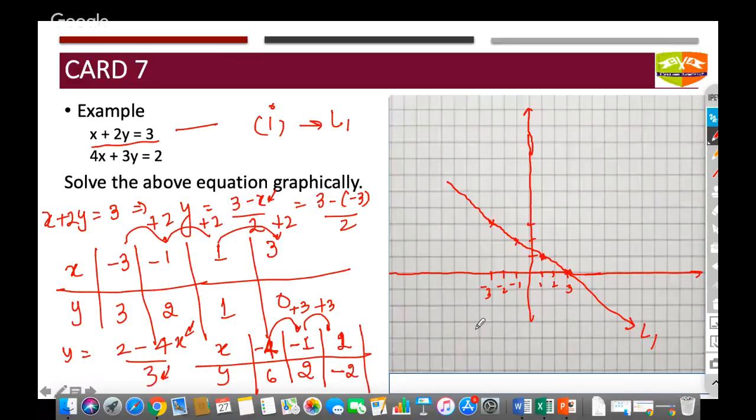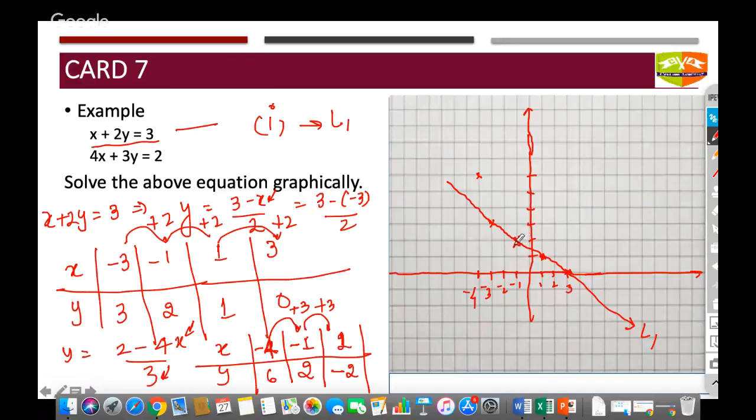So with these points, at y is equal to -4, I get one value here. Then at x is equal to -1, I get y is equal to 2.